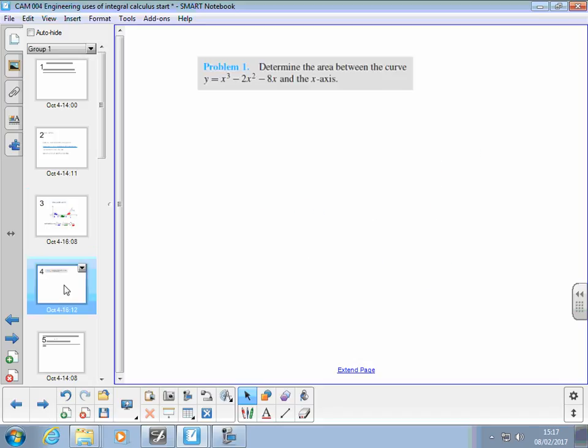So, determine the area between the curve y equals x cubed minus 2x squared minus 8x and the x-axis. That piece is underneath the x-axis.